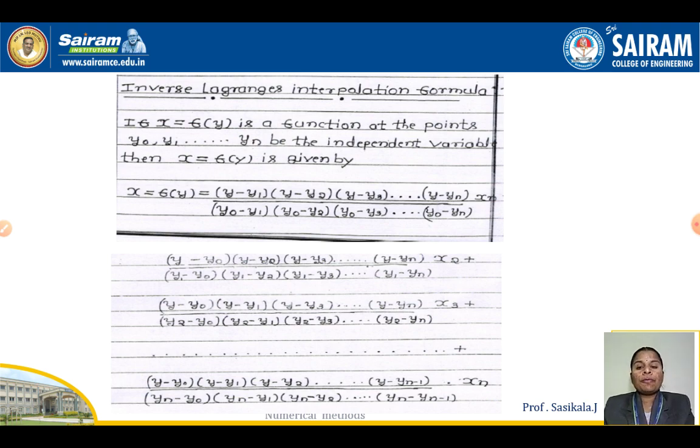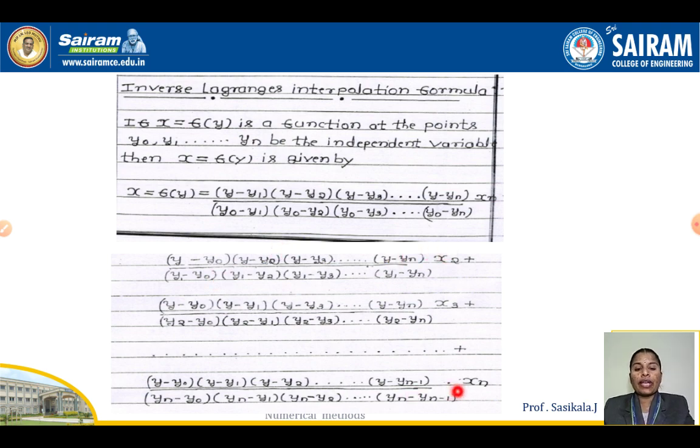You can see x is equal to f of y. The numerator is (y minus y1)(y minus y2)(y minus y3) etc. (y minus yn) by (y0 minus y1)(y0 minus y2) etc. (y0 minus yn) into x0 as the first term. Similarly you go with the x1 term, x2 term up to the xn term.